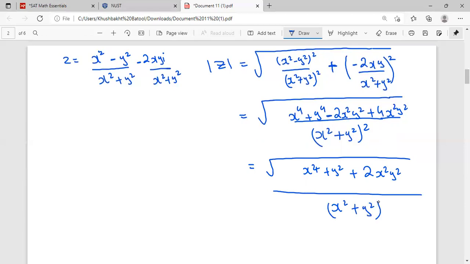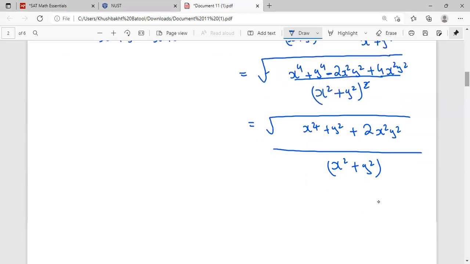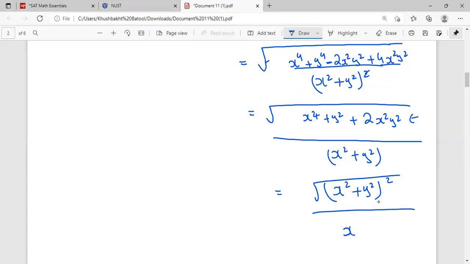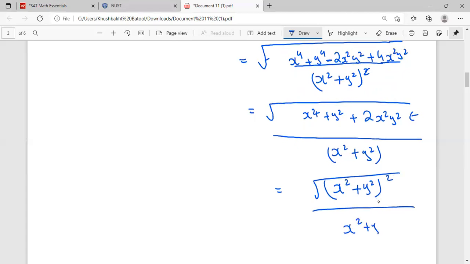I have the square here, so I can cancel out with my under root, okay? Only the denominator, not the numerator. Now, what is my numerator? Isn't it x square plus y square whole square with under root, divided by x square plus y square? And I can cancel it out and I would get 1. So 1 is my answer.